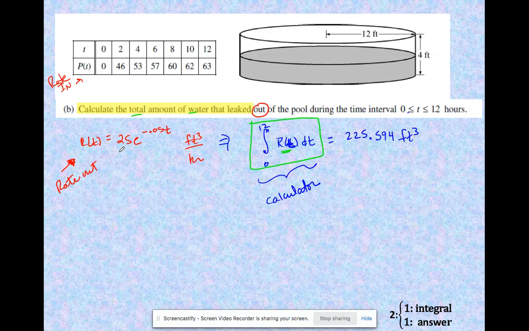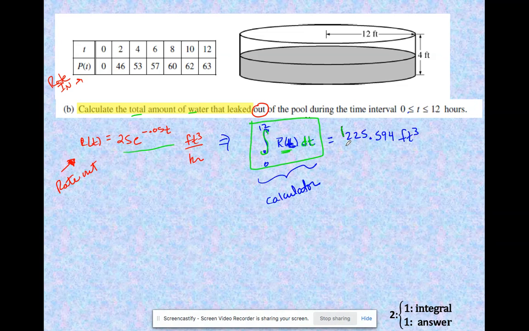If you actually wrote the function, that's fine too. If you forget the dt, they're not happy, but it won't cost you the point. So try to get in the habit of writing the dt. Remember, the integral notation is the integral sign and the dt or dx or whatever. Both of those together means integrate.